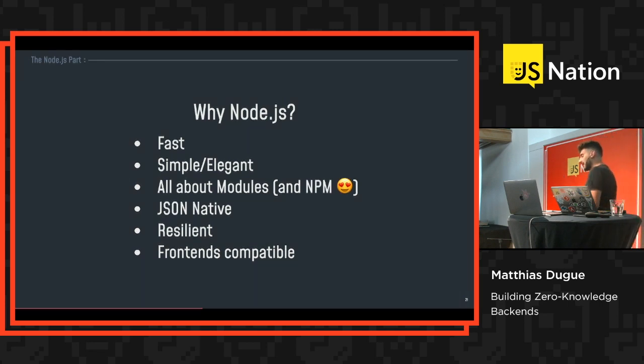Because it's resilient, and probably the best one, because it's the same as the front-end part. When you are working on a zero-knowledge application, you have to deal with cryptography, and a lot of cryptography, even when you are doing some signature and signature verification. If your developers that are working on the client side aren't able to work on the backend side to just check or verify that the signature system is the same one on the client and on the backend, or probably working on the same shared library, you have to work in the same language.